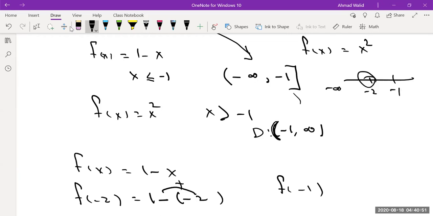But here you have a bracket. A bracket means -1 is in your domain. You see here less than or equal, and here you have only greater than. Correct? Then plug -1 into your first function and you can find the value of f of -1.